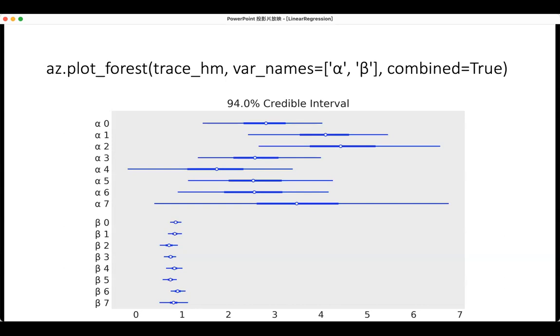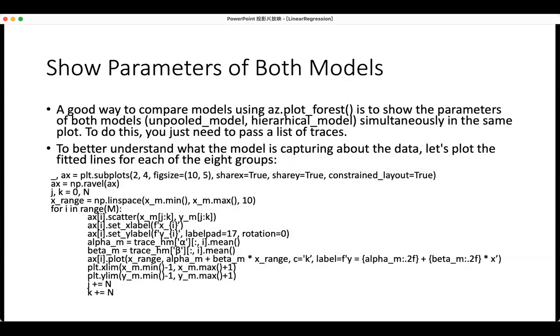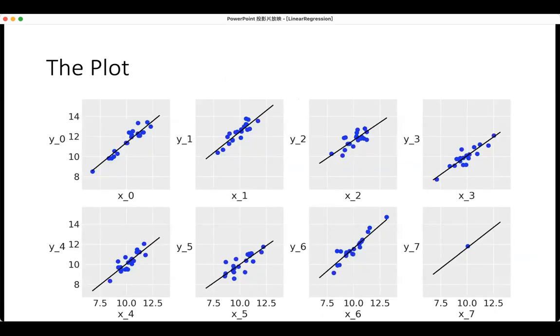We can also draw the regression lines for each group using this piece of code, and the result is shown here.